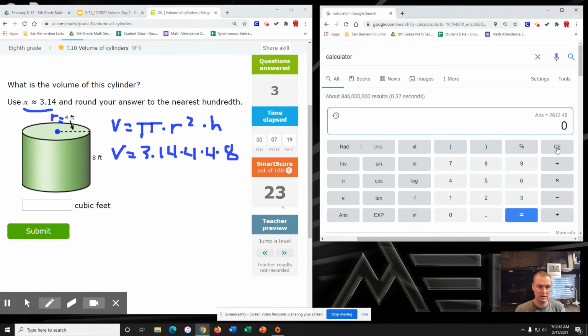All right, go ahead and clear the calculator. 3.14 multiply times 4 times 4 times 8. And not too bad this time. We got a volume of 401.92.